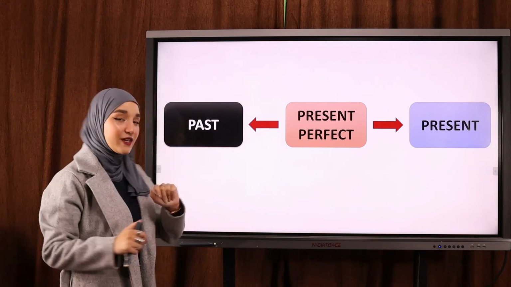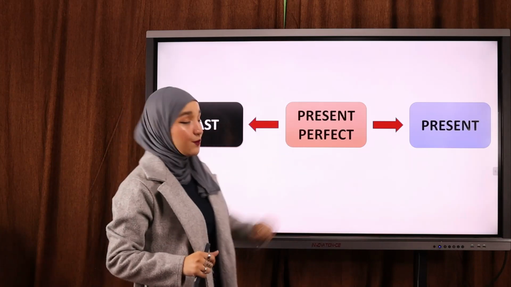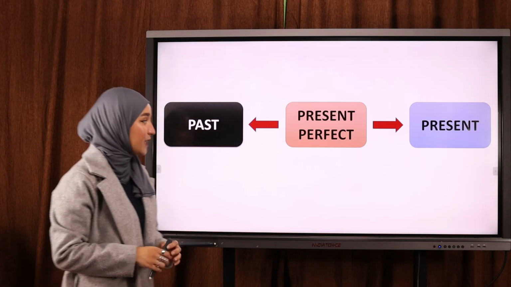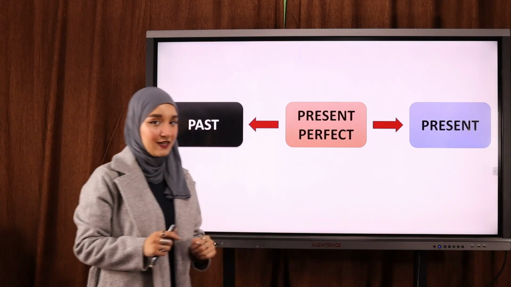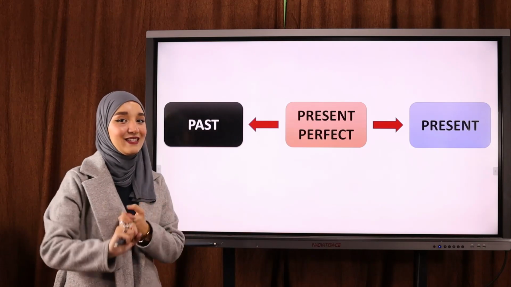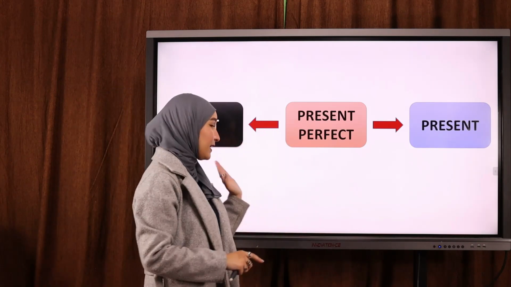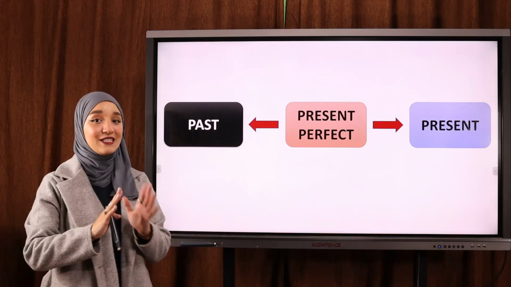So I have 3 tenses, the past, الماضي, that we know, and I have the present perfect, and I have the present, الحاضر, okay? So I want you to think that the present perfect, المضارع التام, links, يربط, the past with the present, يربط بين الماضي والحاضر. So it comes in the middle, okay, يأتي في الوسط, it links them.